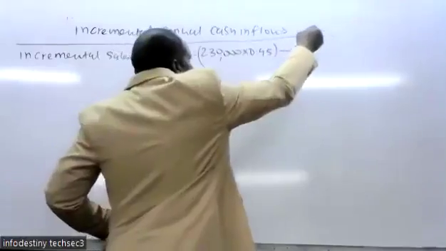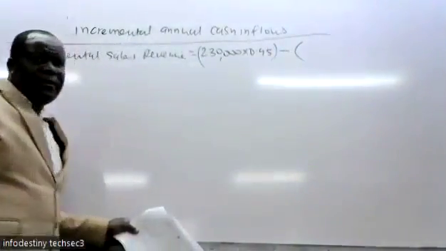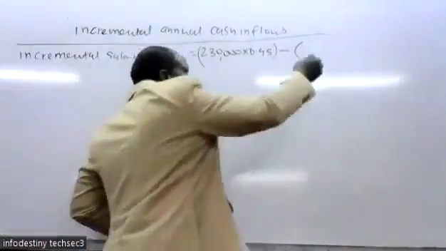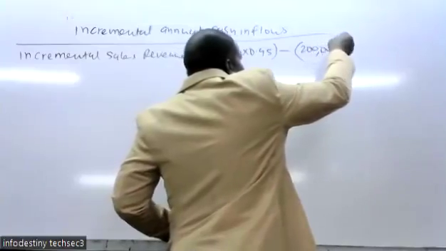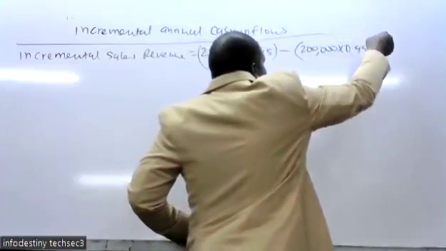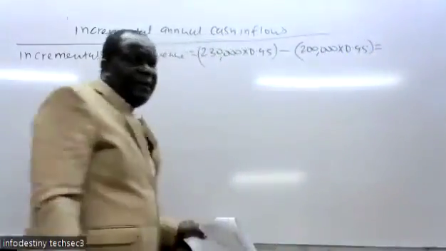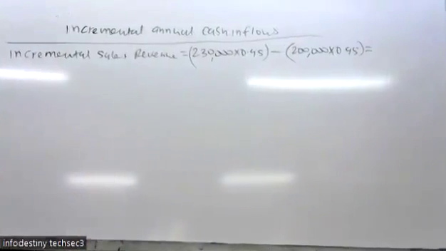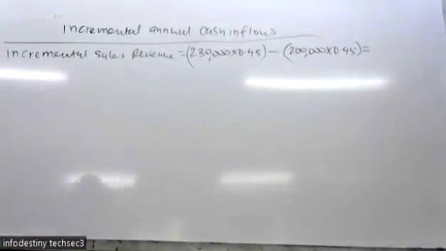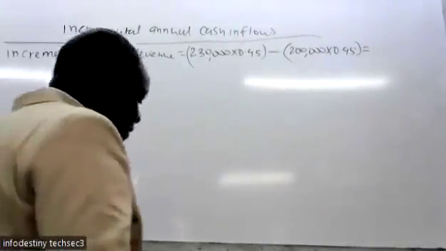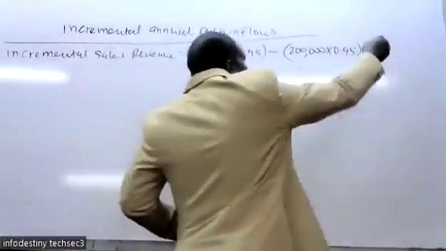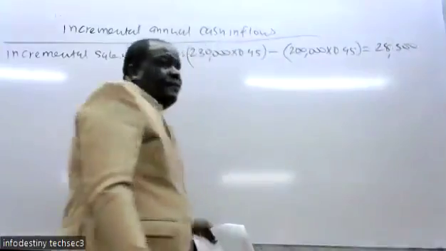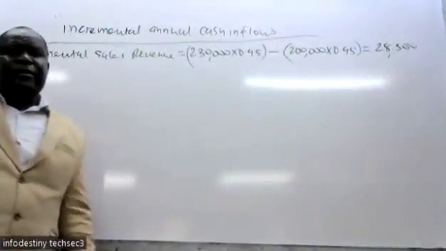We subtract the one for the existing, it is 200,000 multiplied also by 0.95. So get that value, and it will give us 28,500. So that's now our incremental sales.